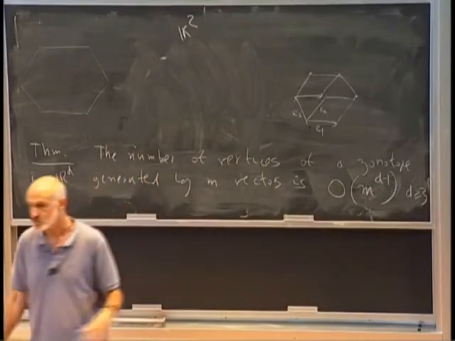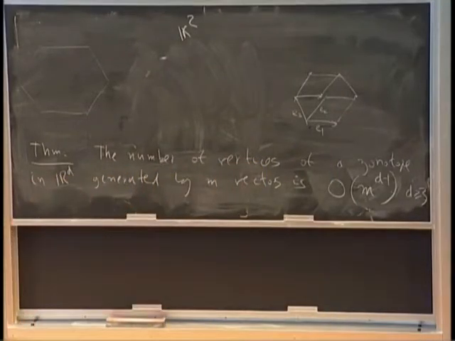If the dimension is 2, then I think it's m squared, but otherwise it's m to the d minus 1. But the important thing is not 2 to the m. So among the 2 to the m subset sums here, most of them disappear, and you just get a polynomial number of vertices in fixed dimension, and you can construct them in polynomial time.